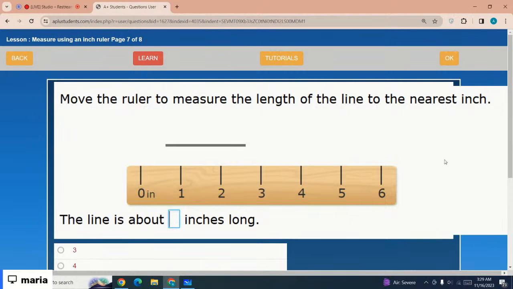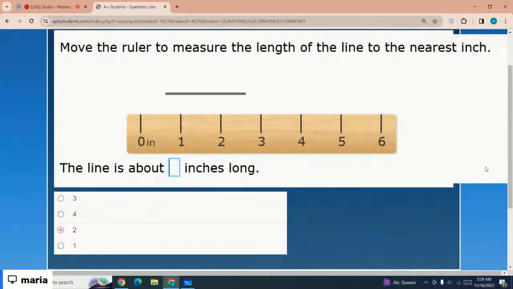Yes, that is just 2 inches long, right? The correct option is 2.